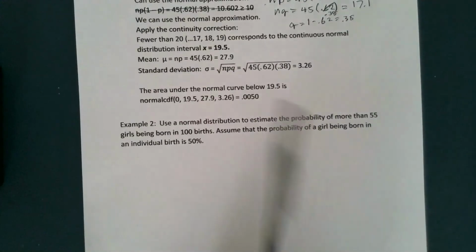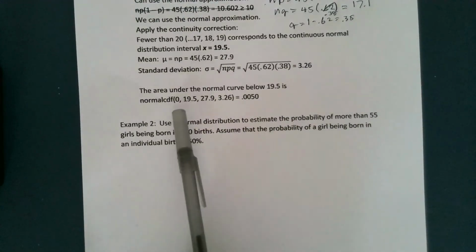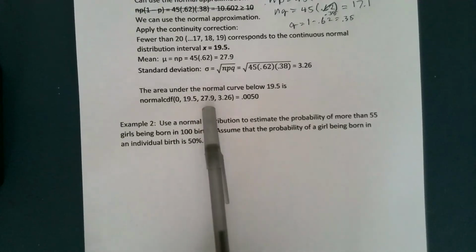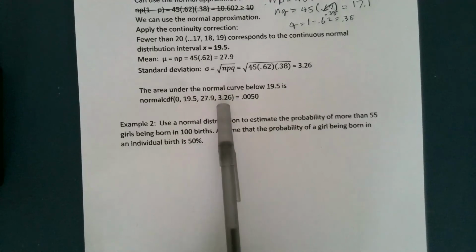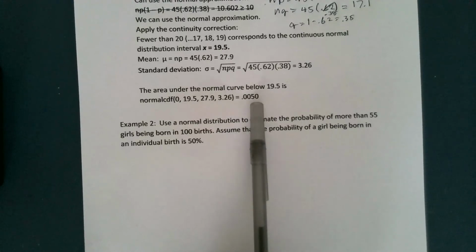So for normal CDF, the lower would be 0, the upper would be 19.5. This will give us the area to the left of 19.5. The mean is 27.9 and the standard deviation is 3.26. So we would get 0.0050.